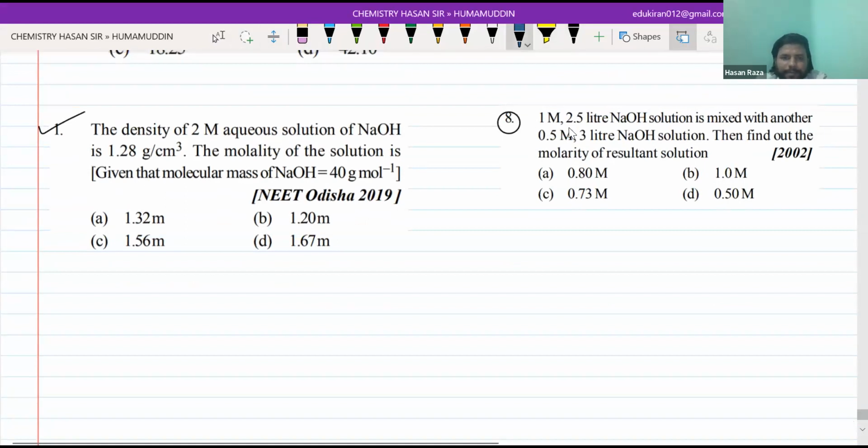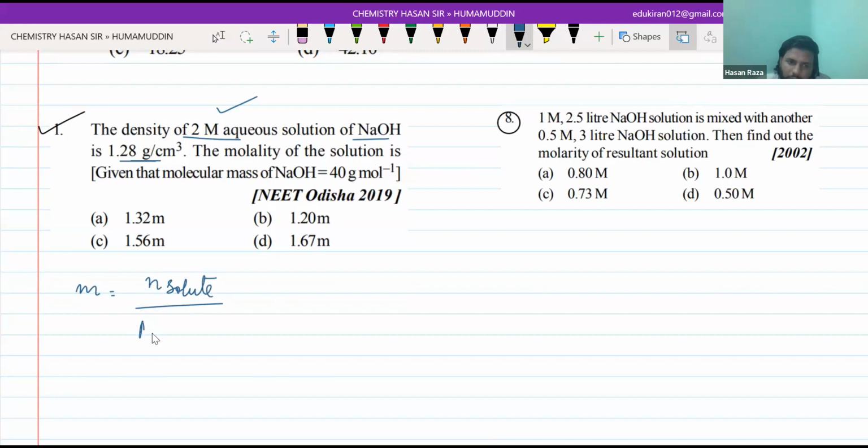Okay, I'm going to explain. See, 2m, that means molarity is given of aqueous solution of NaOH in which the density is given 1.28 gram per centimeter cube. We need to calculate the molality of the solution. For molality, you know that we need the number of moles of solute, as well as the mass of solvent in kg.